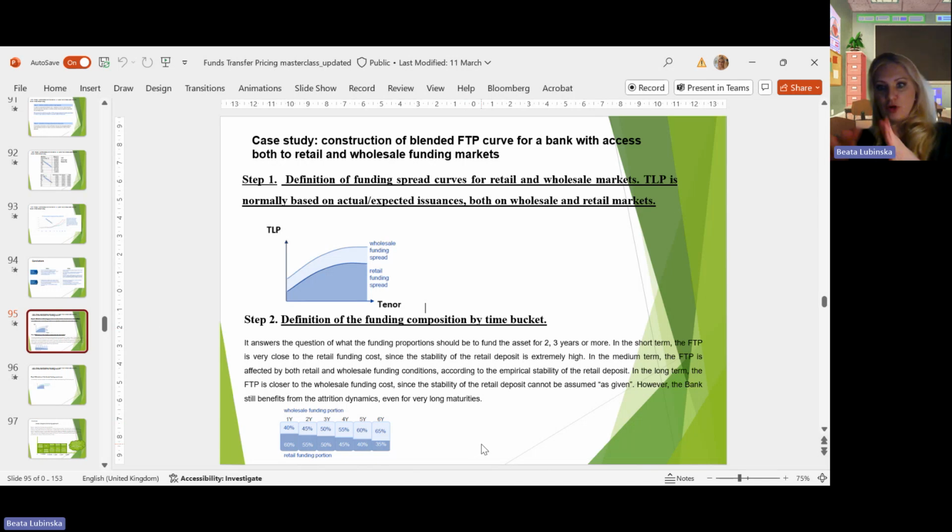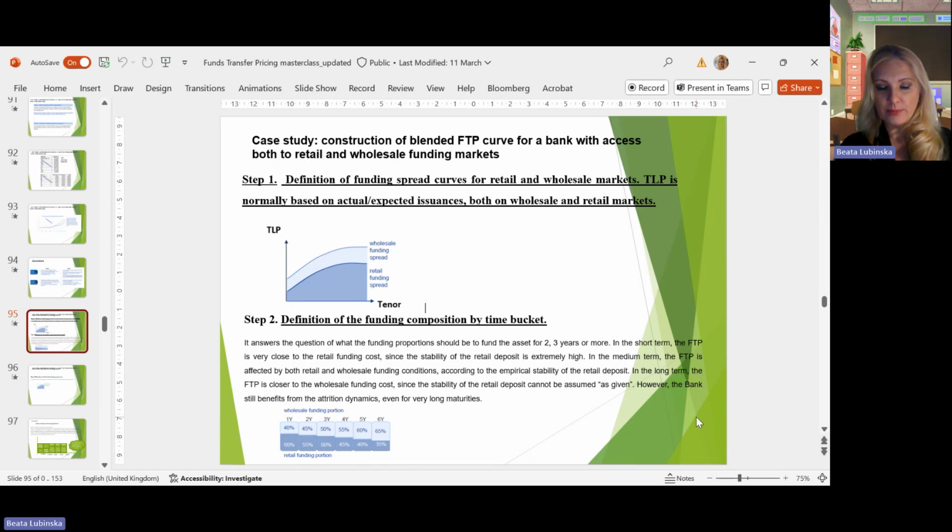Usually, if you talk about the longer end, if you have long-term NMDs, it means that they are much cheaper than the cost of wholesale bonds for a long-term period. So the farther you go across that curve, the higher the FTP will be. Just to summarize, as it is also written here, it answers the question of what the funding proportions should be to fund the asset for 2 years, 3 years or more.